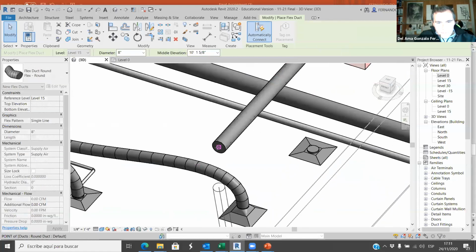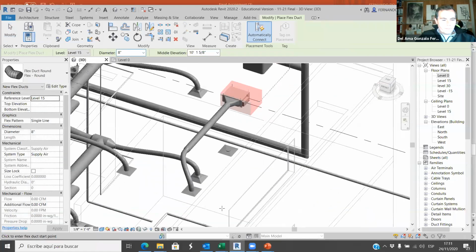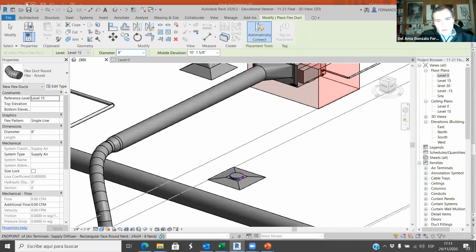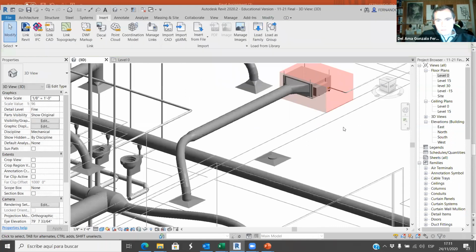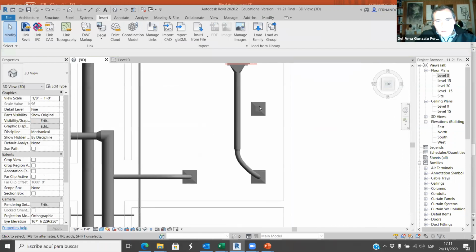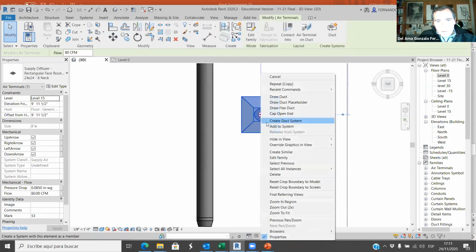Flex duct. Okay, there you go. And now with this one, can I do it?